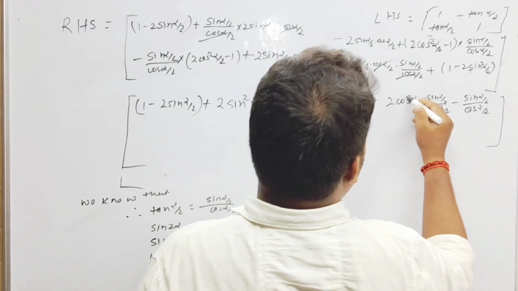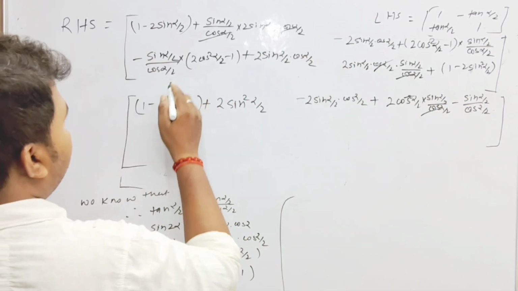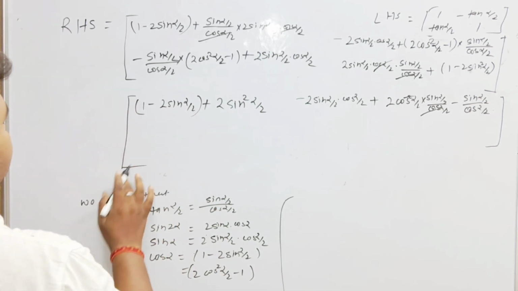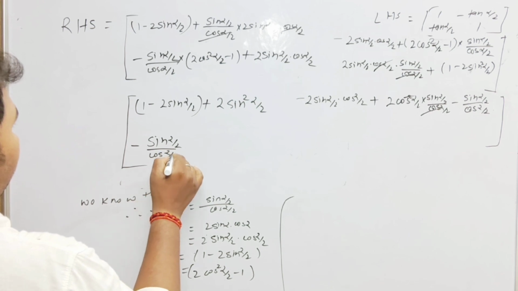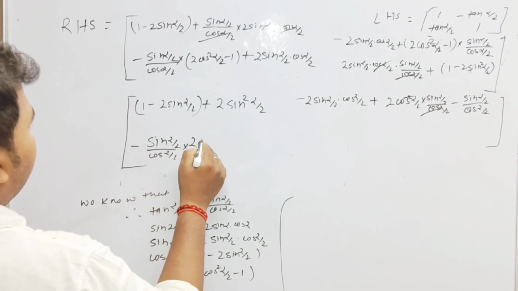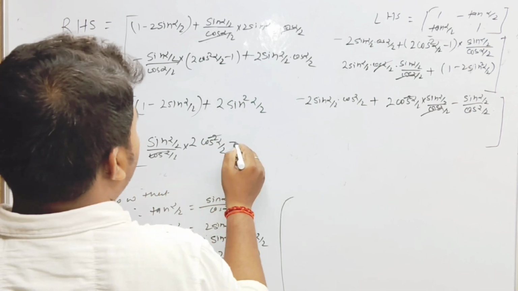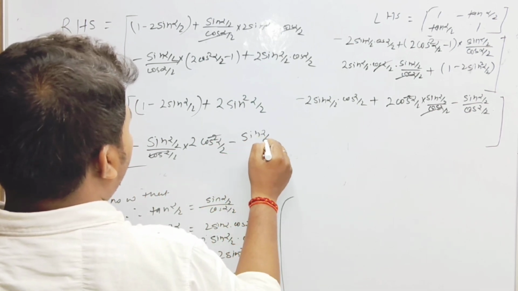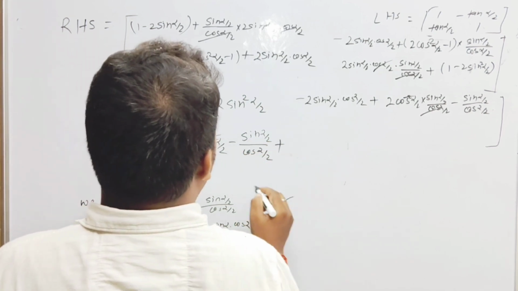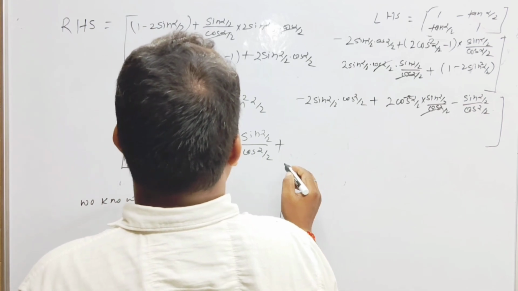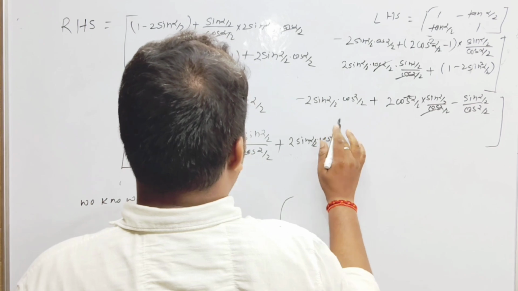Then we can cut this square and this cos term. Okay, then next we can write minus sin alpha by 2 cos alpha by 2 into 2 cos square alpha by 2, and we can cut this minus sin alpha by 2 by cos alpha by 2 plus 2 sin alpha by 2 into cos alpha by 2.